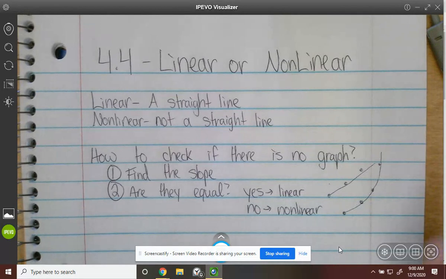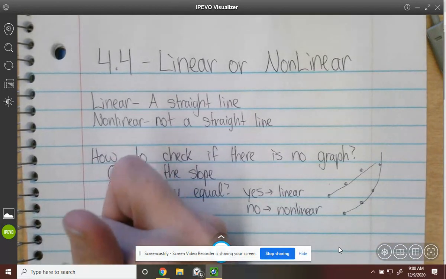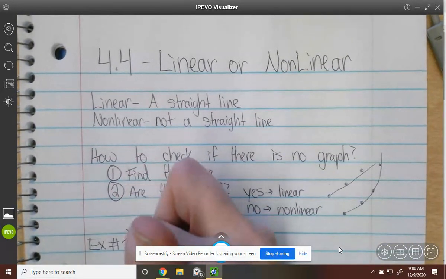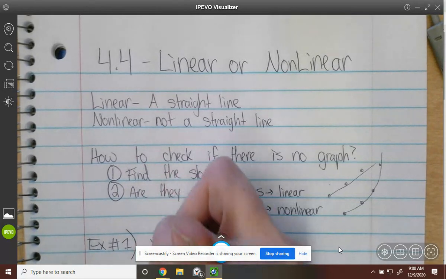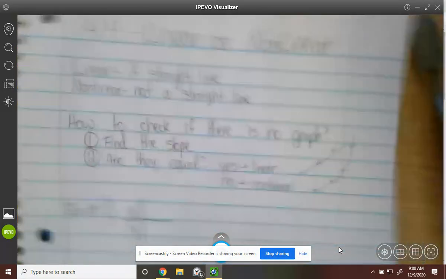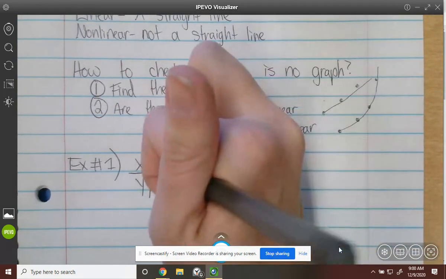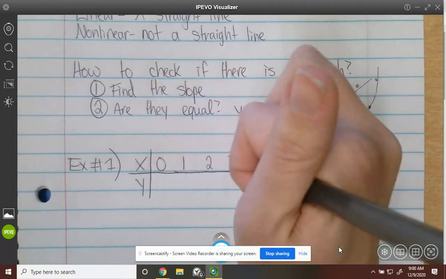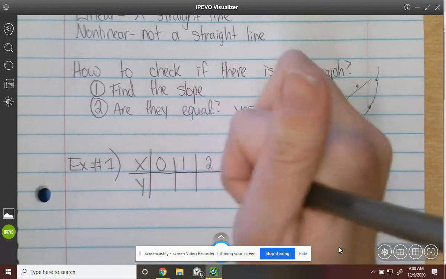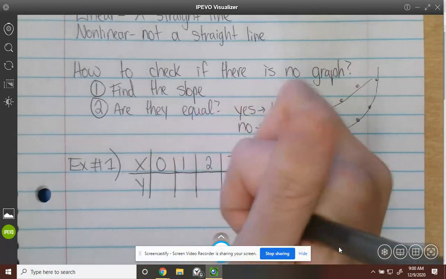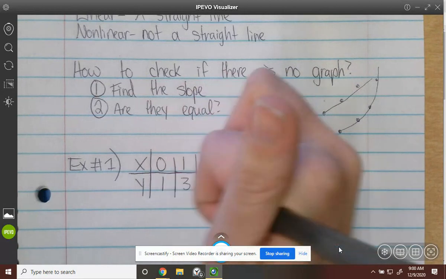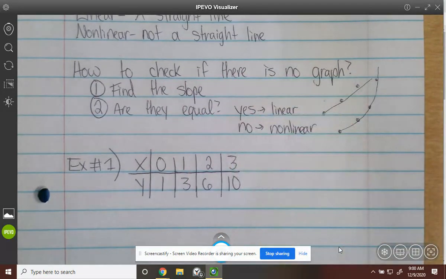Okay, so let's do an example of that. We're going to make an XY chart. All of yours on your homework are horizontal charts like this, so that's what we're going to do. 0, 1, 2, and 3. And then down here, let's do 1, 3, 6, and 10.